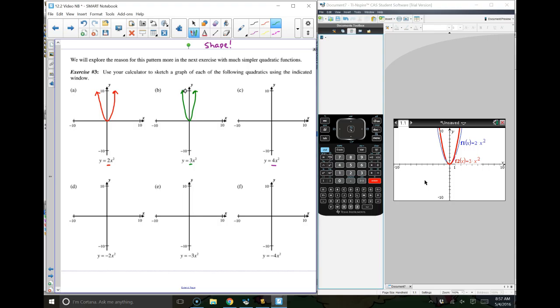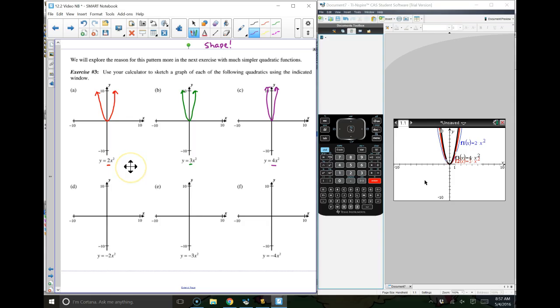And the last one, let's hit tab again and make a third one on here. 4x squared, and hit enter. It gets even skinnier. See how one's inside the other? So what's happening here? What's happening is that as the leading coefficient gets bigger, we get skinnier.